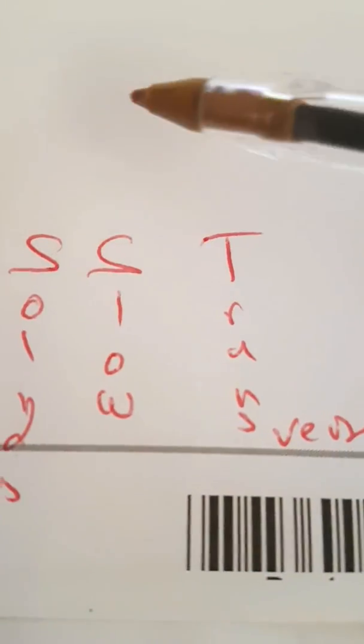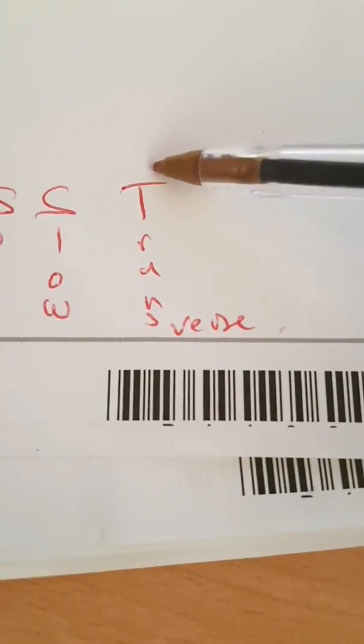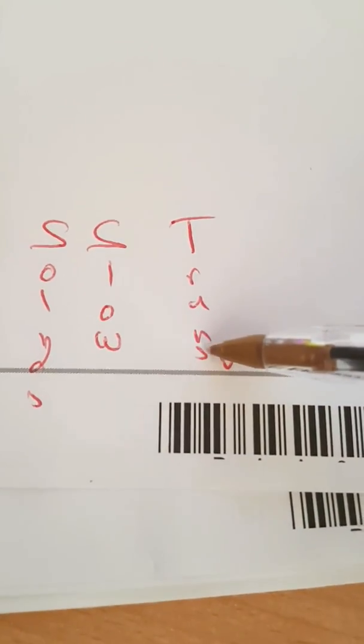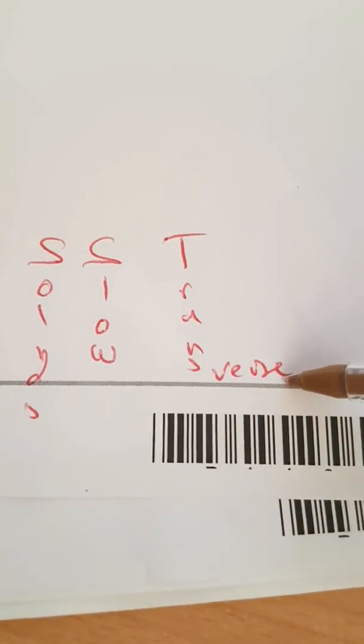They can only go through solids, and they are very, very slow. They are transverse waves, so that means they travel at 90 degrees to the direction of motion.